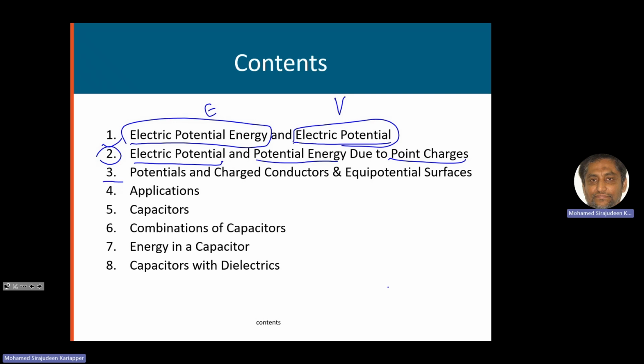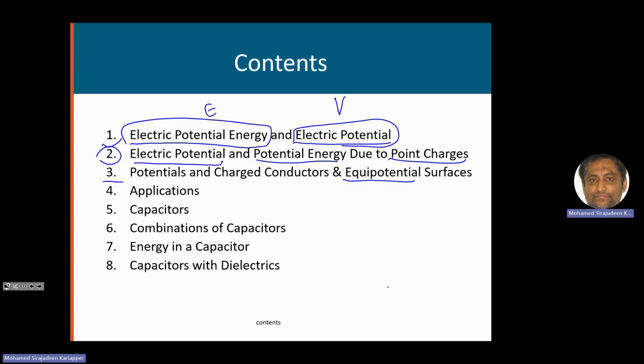Number 3, then we look at potentials and charge conductors and equipotential surfaces. Equipotentials mean equal potential. That's the equipotential.